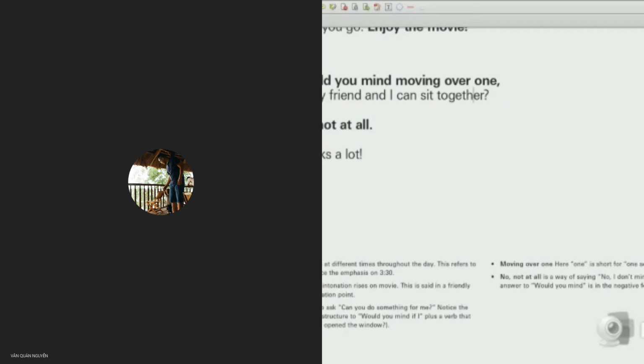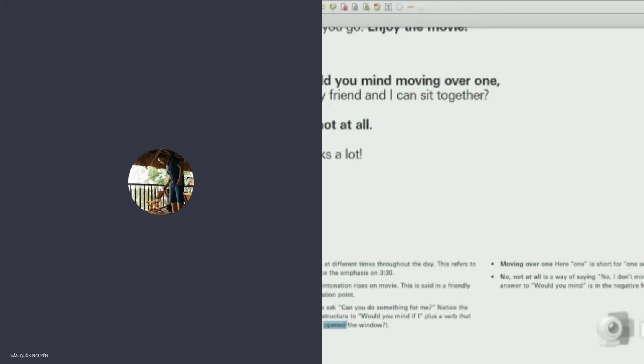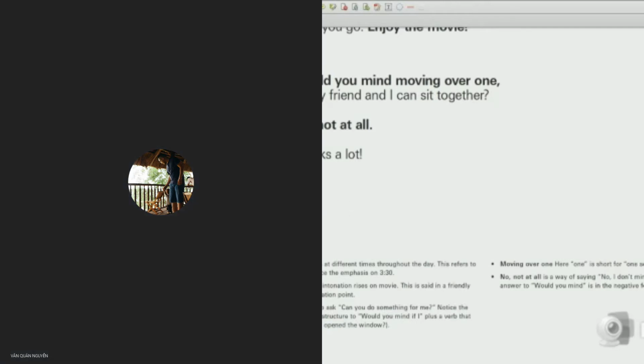Would you mind if I opened? Oh, it ends in ed. It says here, if you use I, would you mind if I opened the window? If you use I, you add the simple past form. But if there's no I, if you're asking someone to do something, you add ing. So here, would you mind moving over?